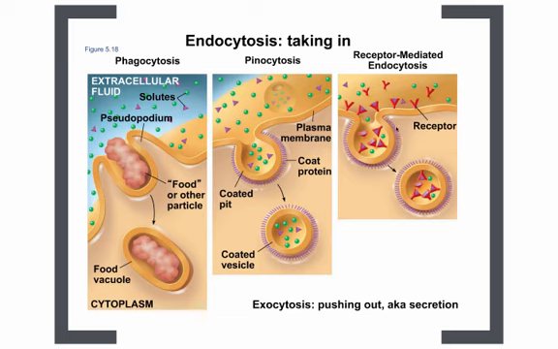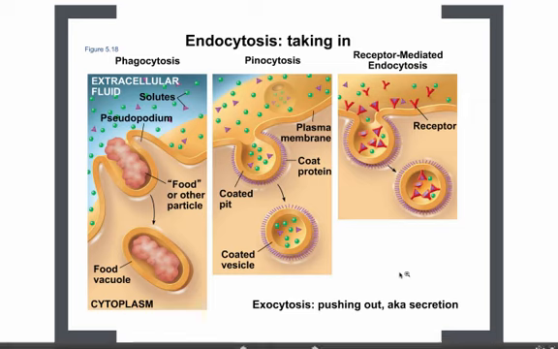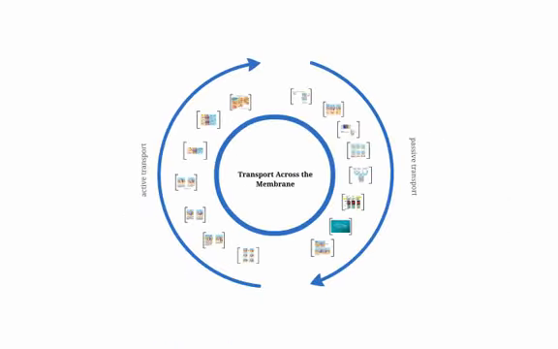When the membrane pinches off, you've got a high concentration of those ligand molecules in your vesicle. These are all mechanisms of endocytosis, taking things in, but very similar processes can be used for exocytosis or pushing things back out. And that is an introduction to transport across the membrane.